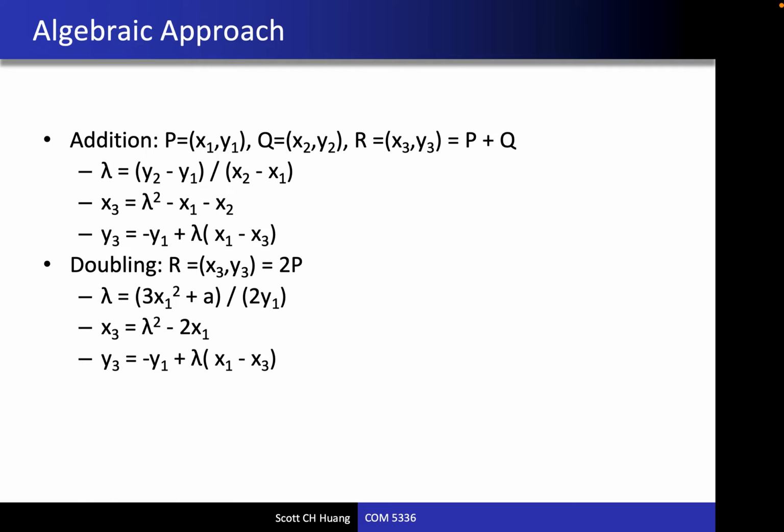Actually, I encourage you guys to just calculate it yourself. These formulas are not difficult. They're easy to calculate. All you need is high school conic analytic geometry with a little bit of calculus. Anybody can calculate it, I'm sure. So we can derive the formulas for point addition and point doubling for elliptic curves over real numbers.